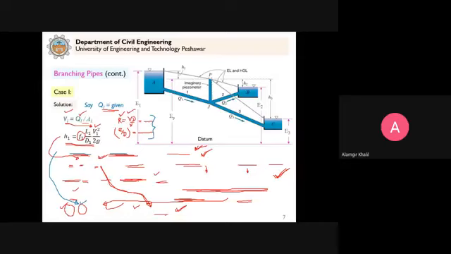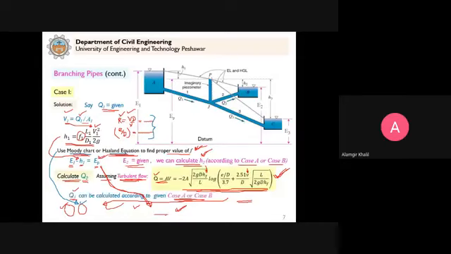This is how we proceed to solve that problem. Clear? So you can see in the end we determine E3. So this is case 1 problem. When we have case 1 problem, then this is the procedure that you will follow when solving the problem.